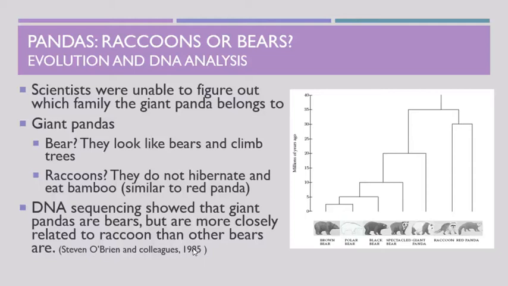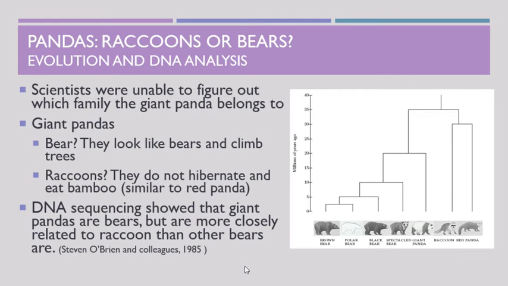But it turns out that when you start looking at the DNA, you can actually figure out who the giant panda is most closely related to. At first, they're bears because they look like bears and they climb trees. Then they do a lot of things that raccoons do. They don't hibernate and they eat bamboo, which is what the red panda does, who is also in many ways very similar to the giant panda. So you have to figure out which traits matter and which don't.